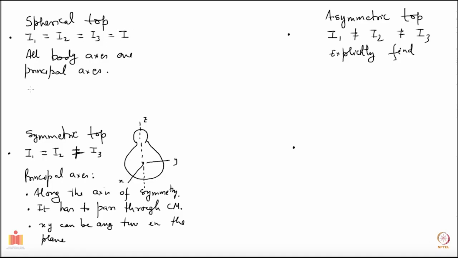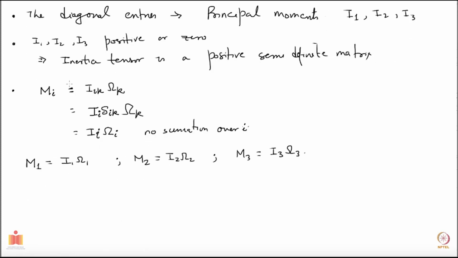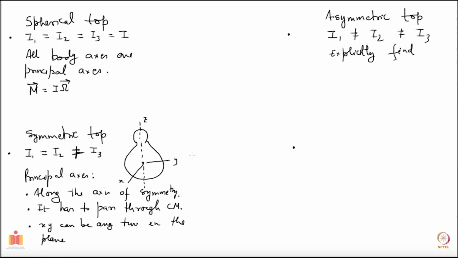Okay, and clearly my M is now I omega. Why? Because you see all these are same, so it's just your angular momentum is proportional to omega. So now in this case, if your body is rotating about some axis, the angular momentum will also be pointing along the same direction. Okay, along the direction of rotation. So this is one special case.